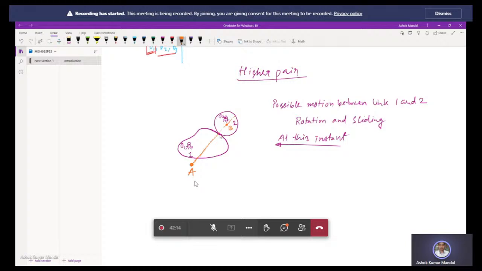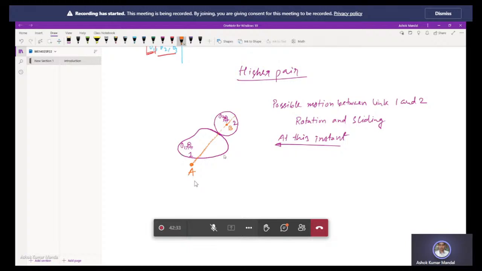This is a particular instant. At the next instant, this line's position will change. Also, the positions of points A and B will also change, because you see this is not a circle.